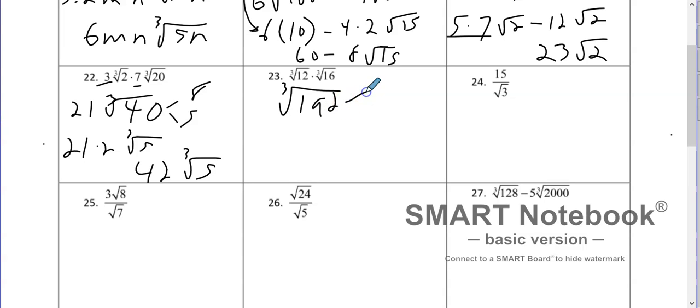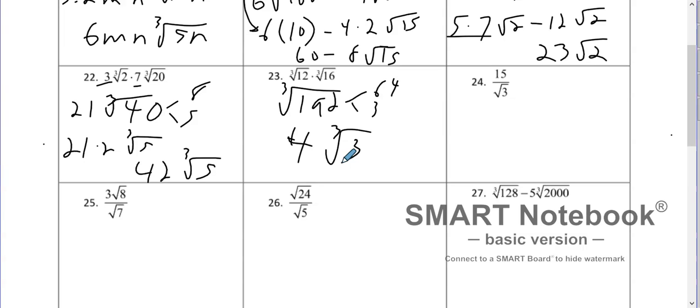Now we've got to look and see which of those magic cube numbers goes into that. Hold on, do some division in your calculator, and you find out that it's 64 and 3. Now, the cube root of 64 is 4, and the cube root of 3 stays inside.